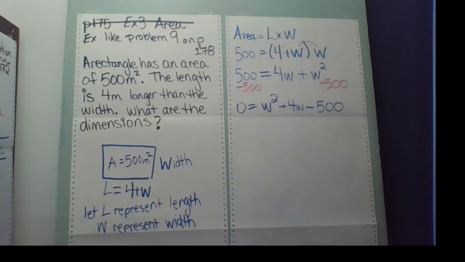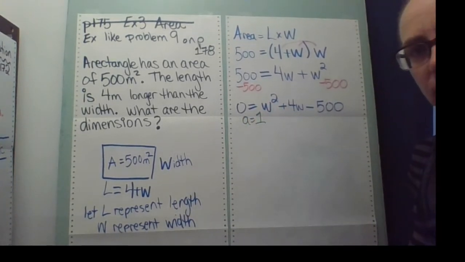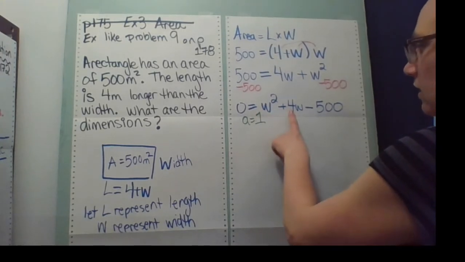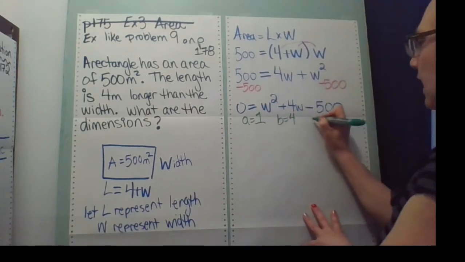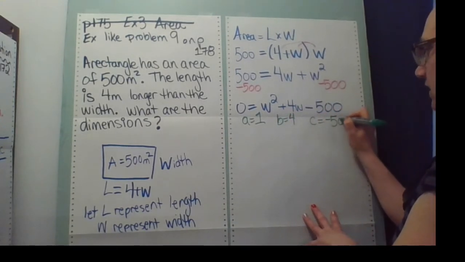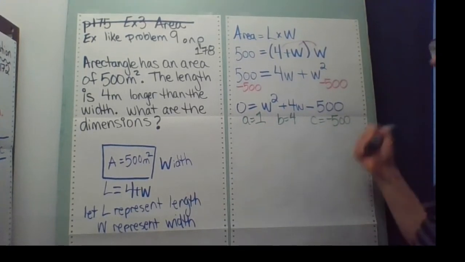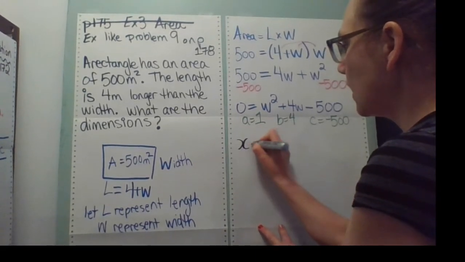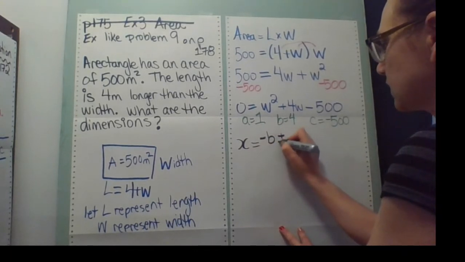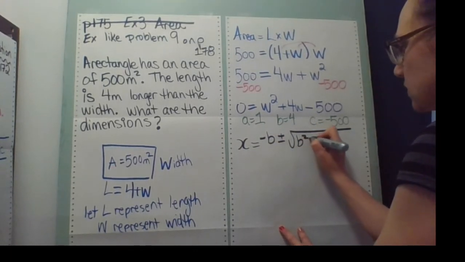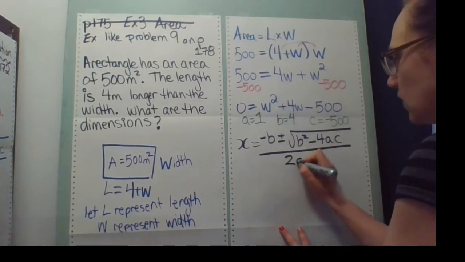Okay. Let's see. A will be equal to 1 because that's the coefficient of W squared. B will be equal to 4 because that's its coefficient. And C is my last number, which is negative 500. Quadratic formula, let's see, x equals negative b plus or minus square root b squared minus 4ac all divided by 2a.